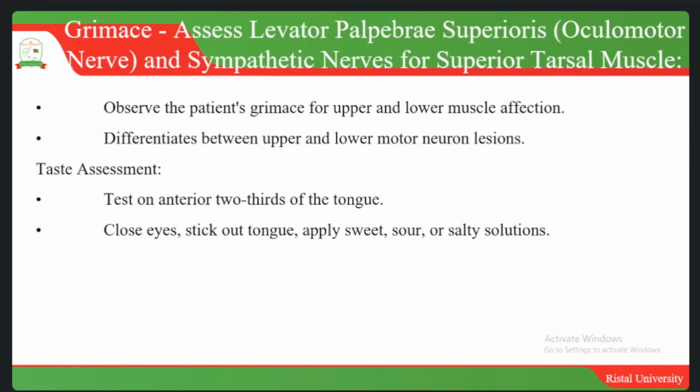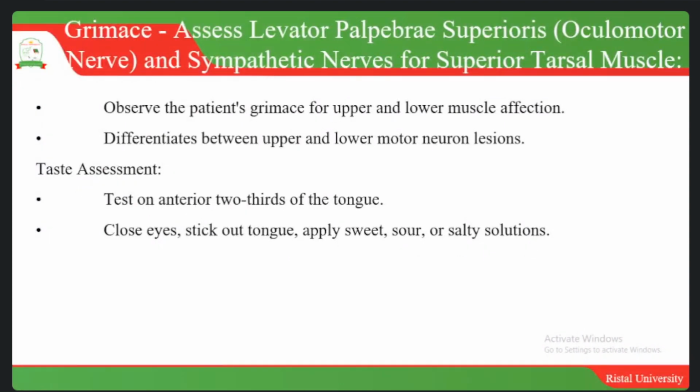On the side of testing, you test the anterior two-thirds of the tongue. So that's why you find out about this. Then close the eyes, stick out the tongue, apply sweet, sour, or salty solutions, and this can help you know whether the patient is able to taste, and also whether the patient has expressions in his face.